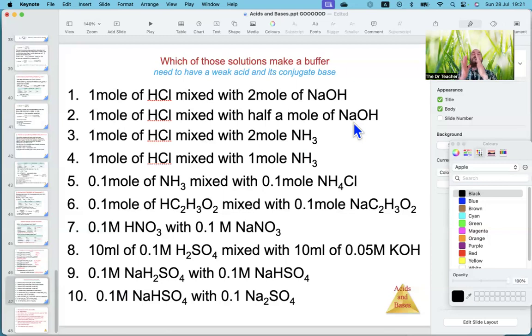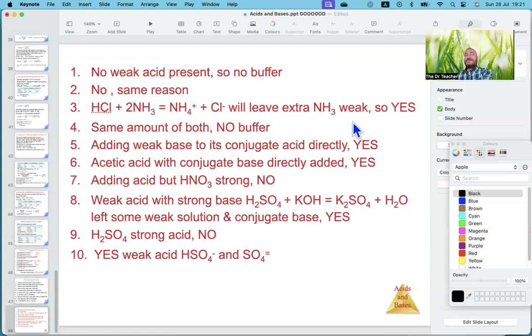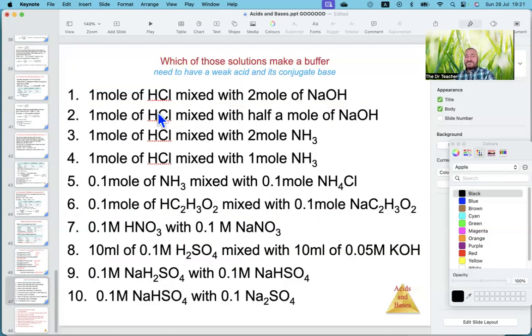Okay, HCl, strong acid, with half a mole of NaOH. So half mole of NaOH will mix with half mole of HCl. What's remaining? Half mole of HCl. Is it still strong? Same reason, it's still strong acid left over. There isn't anything weak.